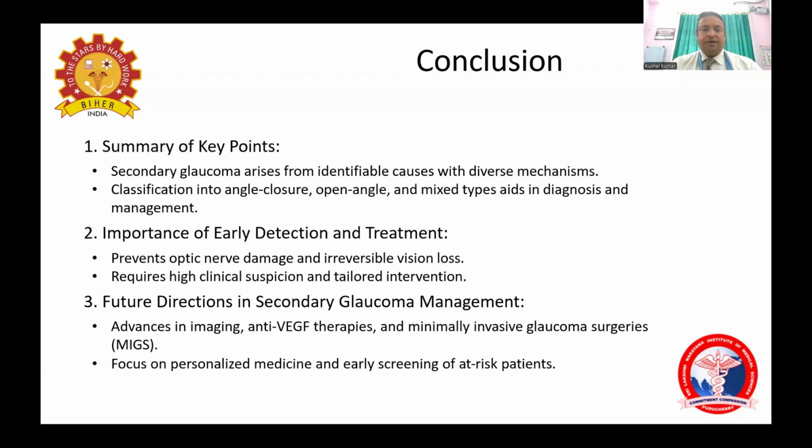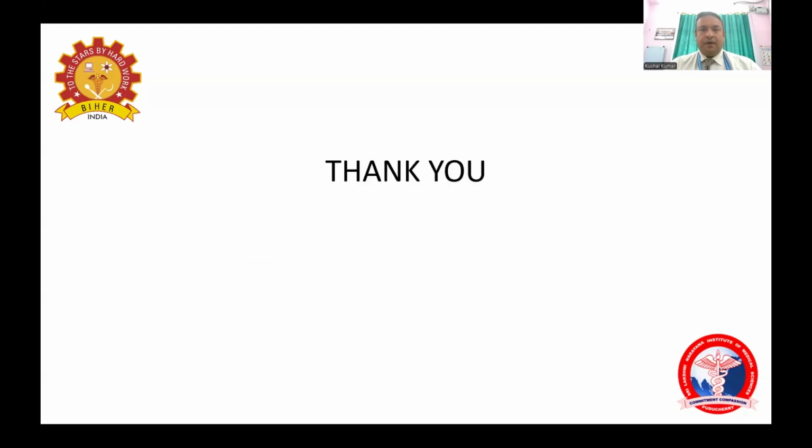Future directions in secondary glaucoma management are advances in imaging, anti-vascular endothelial growth factor therapies, and minimally invasive glaucoma surgeries, also called MIGS. And now the focus is on personalized medicine and early screening of patients at risk. Thank you very much.